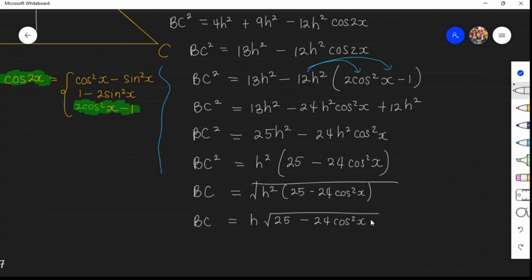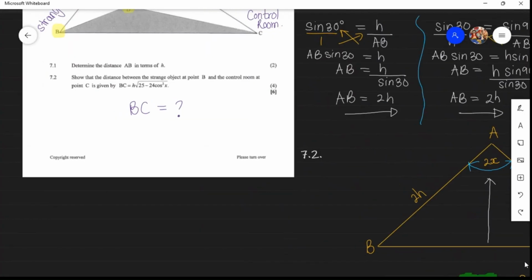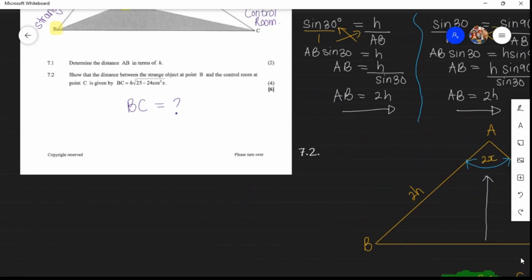Okay, so that is now our final answer. If you notice, we have BC equals h, the square root of 25 minus 24 cos squared x. And that is exactly what the question has. BC equals h, the square root of 25 minus 24 cos squared x.